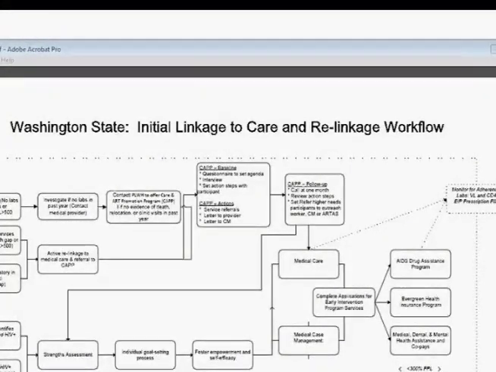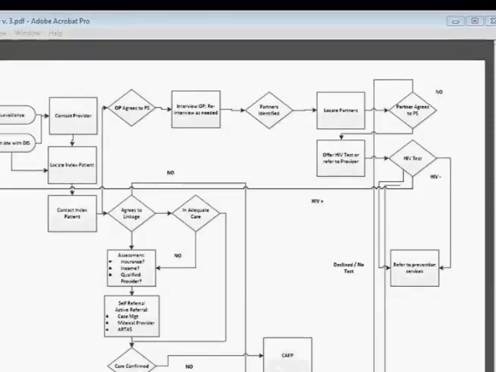This one talks mainly about initial linkage to care. There is a relinkage loop in there as well. And then from there, we broke it down even further as we looked at things like partner services and how they are involved in linkage to care. And again, we use these system maps to analyze the problem and the work, to look at the flows.